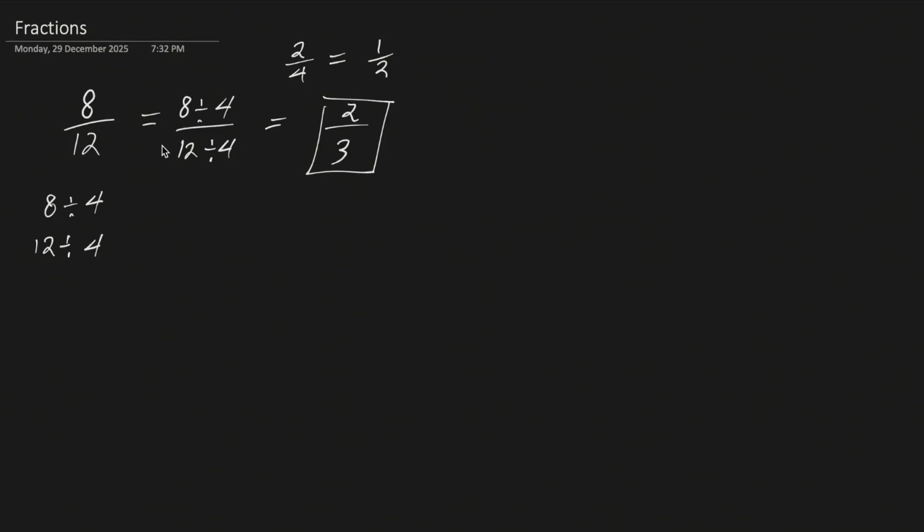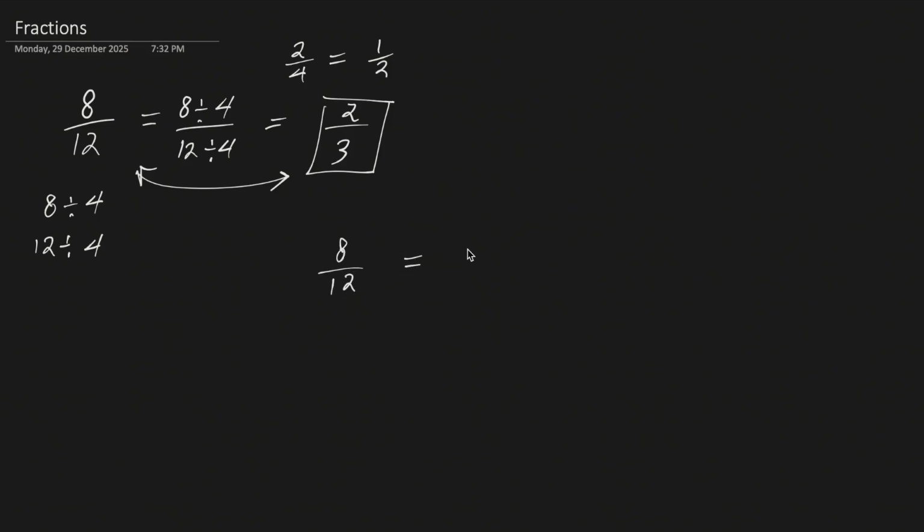Suppose that you have a cake and you split it into 3 equal parts, then you take 2 parts out of 3. That is equivalent to saying if you split the cake into 12 different parts, and you took 8 parts to yourself, that would be the same as if you split the cake into 3 parts and took 2 out of 3. So these are equal. And we can verify again that they are equal by the following method.